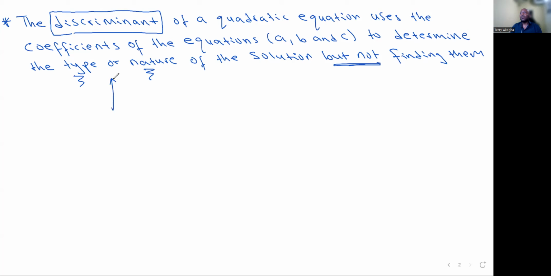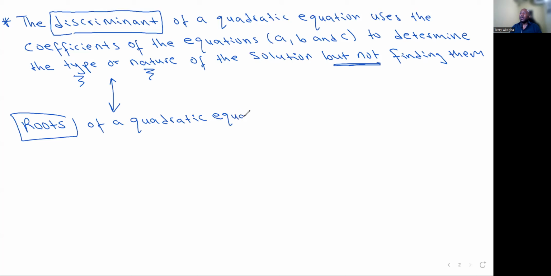Now, this is completely different from the roots, okay? When we talk about roots, the roots of a quadratic equation are the solution itself. So when we were solving in the previous video, we used the formula method, completing the square method, and factorization.